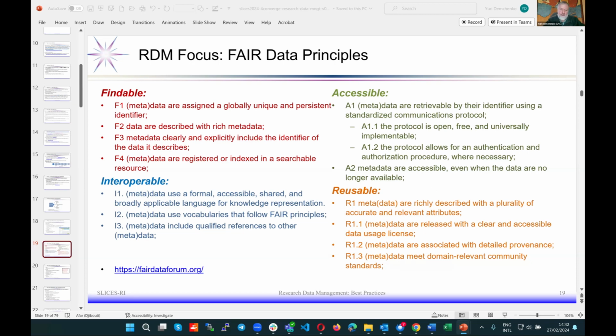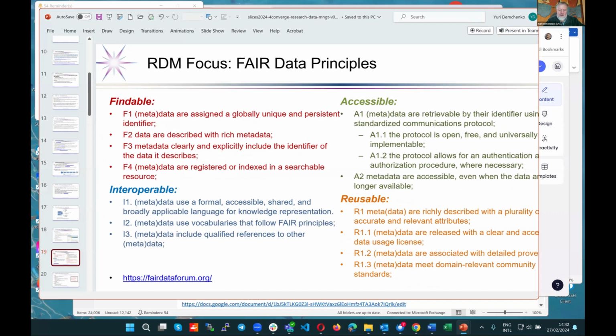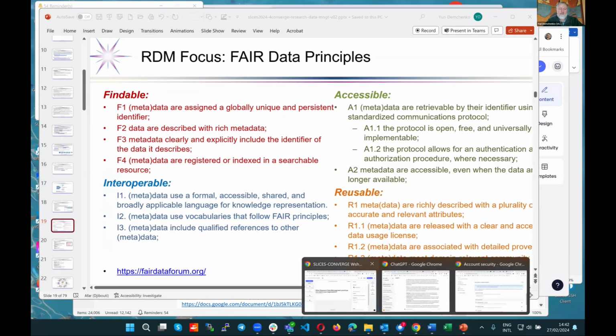Now, what will happen now? I will reduce my slides, and we will use Mentimeter.